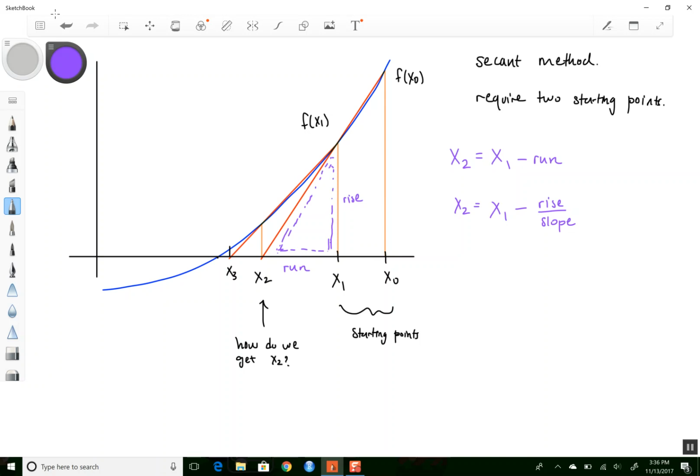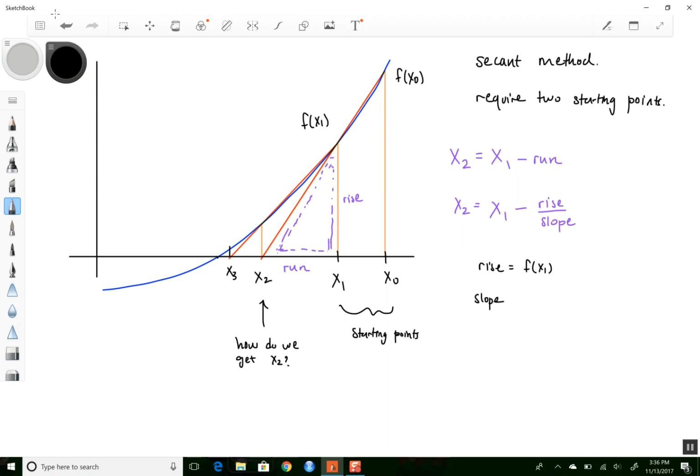Is that okay? All right, so what is the rise right here? The rise is going to be f of x1. And what is the slope of this hypotenuse? It's not f prime. We're not calculating f prime.